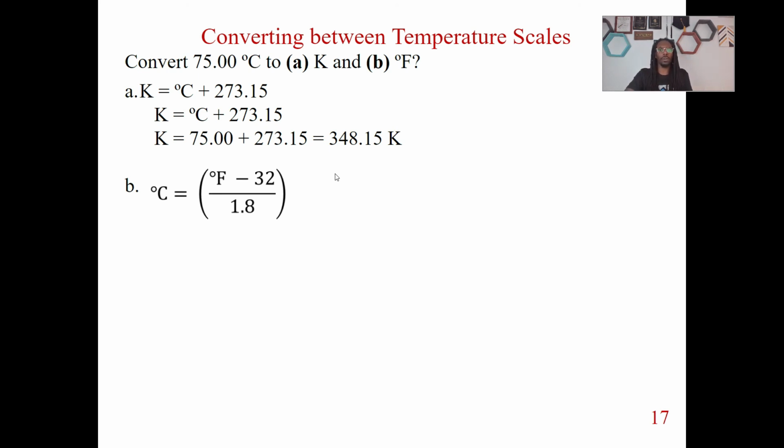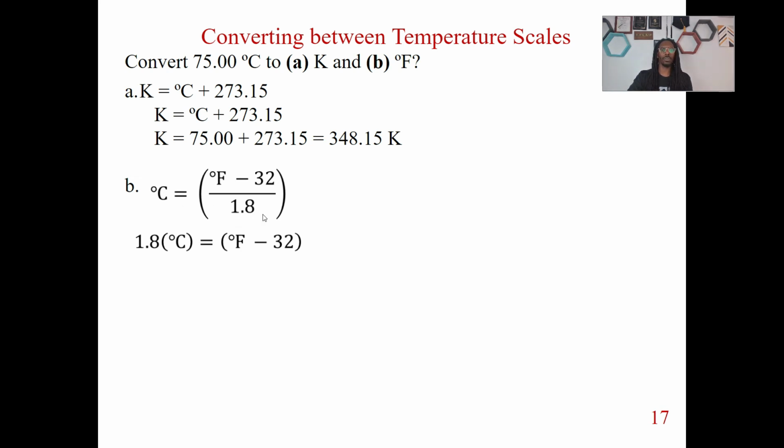Now, let's talk about how we actually are going to get from Celsius to Fahrenheit. Doing some algebra here, this should be reviewed, but if not, let's just go over it. We're going to cross multiply.